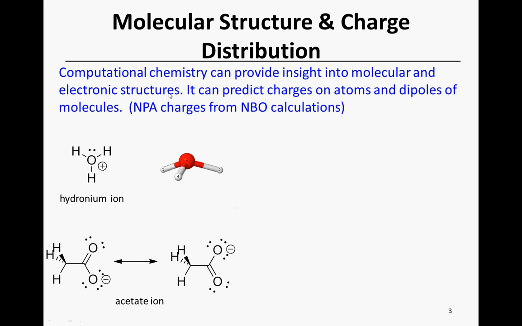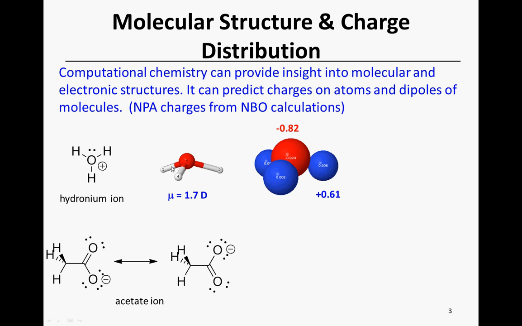First, I'm showing you here an optimized geometry. The computer determined that that's the structure of hydronium ion. It actually can predict where the charges are in that molecule. And as you can see, despite the positive formal charge on the oxygen, it actually has about a minus 0.82 charge on that oxygen atom, with the rest of the positive charge being distributed amongst the three hydrogens.